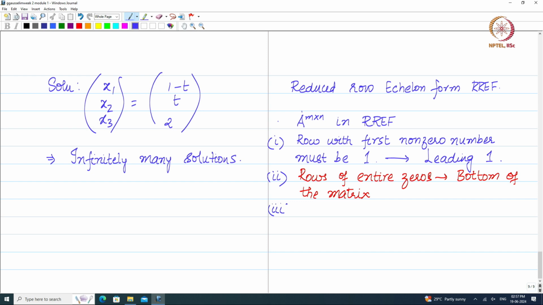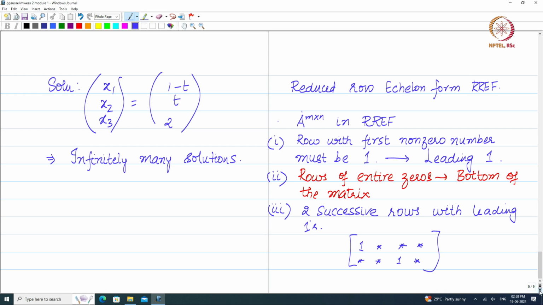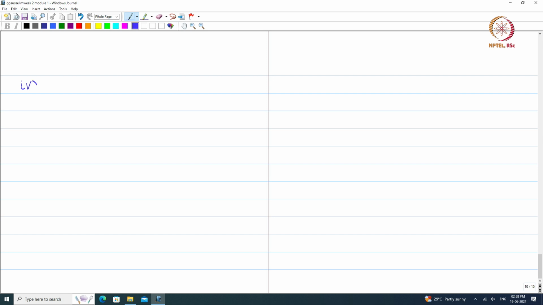Third property, if any two successive rows are not entirely zeros, the leading one in the lower row must occur farther to the right of the leading one in the row above. Fourth, each column that contains a leading one must contain zeros everywhere else in that column.